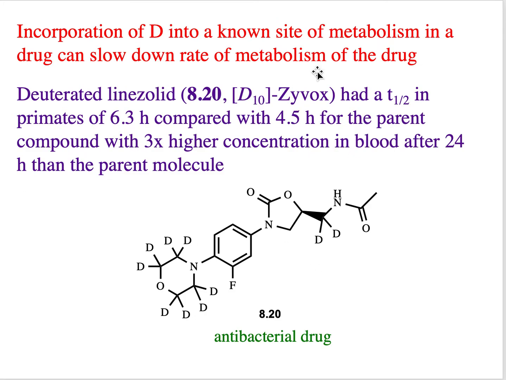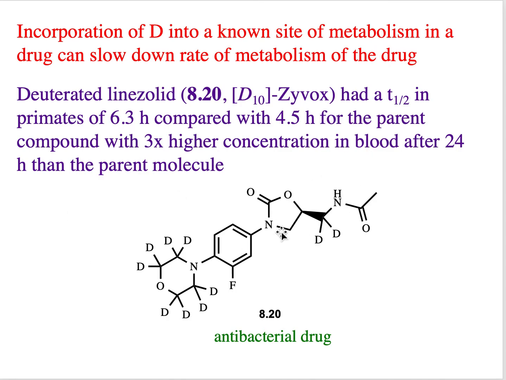This holds true for metabolism studies, and so this is why, if you think your drug's being metabolized at a certain spot, preferentially in the drug, you'd put a deuterium there, and you'd see if the half-life was now extended, if the amount of time it stayed in circulation is extended.